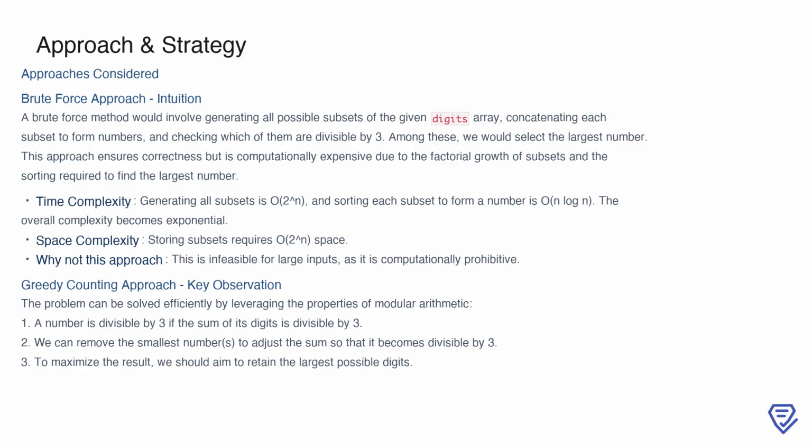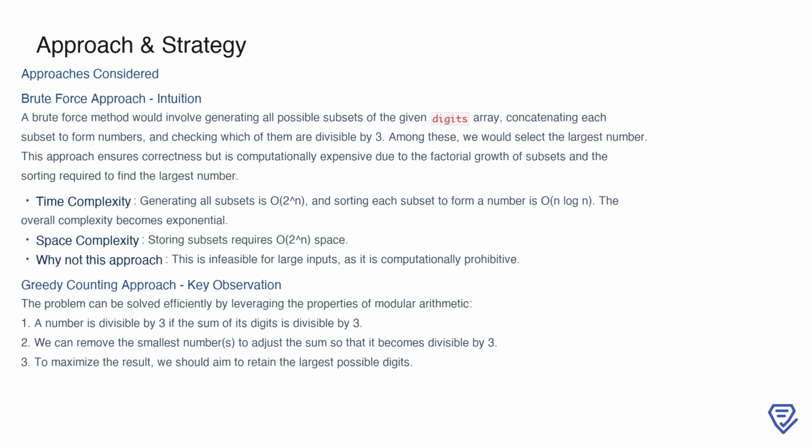Generating all subsets has a time complexity of O(2^n), and sorting each subset to form a number adds an n log n factor, making the overall complexity exponential. Space complexity is also a concern, as storing all subsets requires O(2^n) space. For large inputs, this approach becomes infeasible and is therefore not a practical solution.